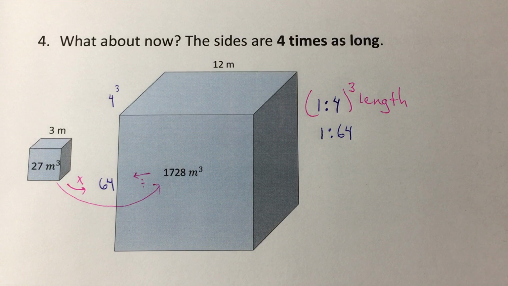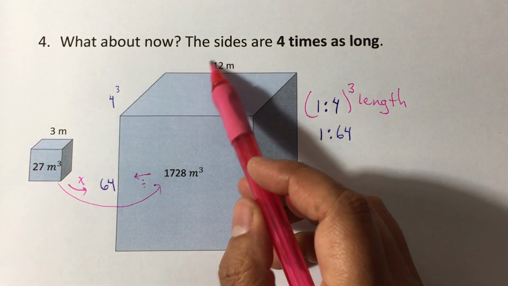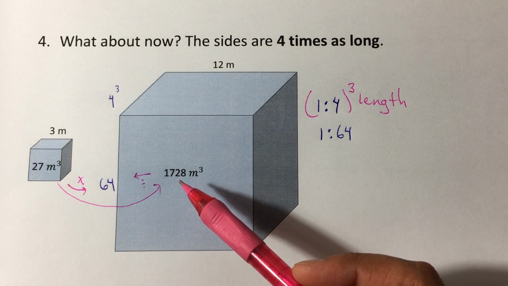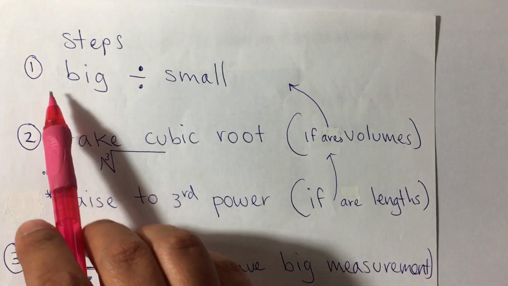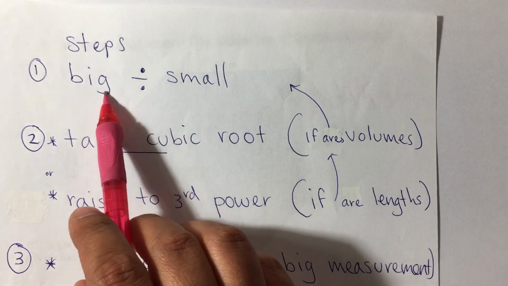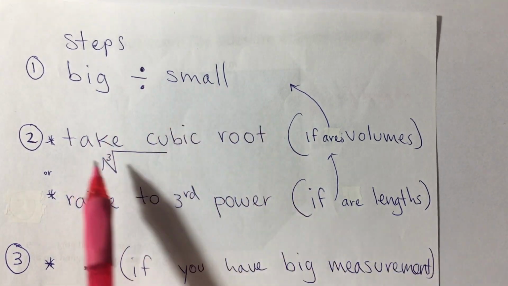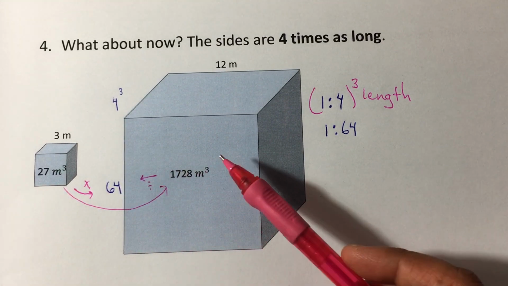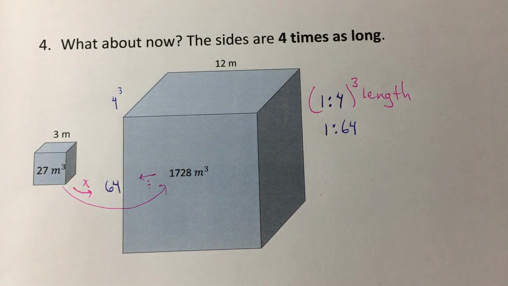Again, the steps, and I'm going to write it down. The steps: divide the big number by the small one. Okay, so step number 1, divide big divided by small. And then sometimes what you're going to have is the 2 volumes in here and be missing one of the lengths.